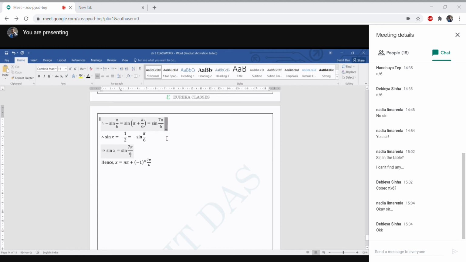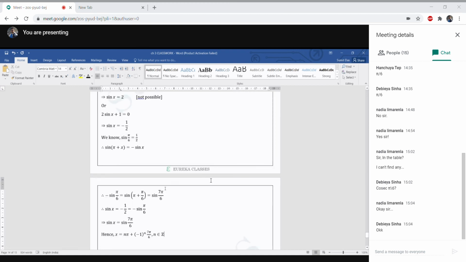So the value of x will be n pi plus minus 1 to the power n, 7 pi by 6, where n belongs to the integers.